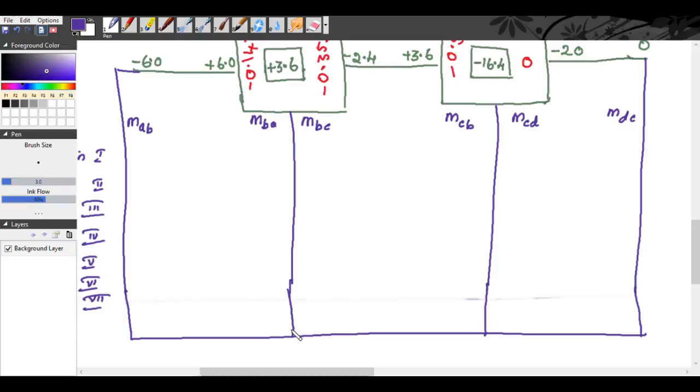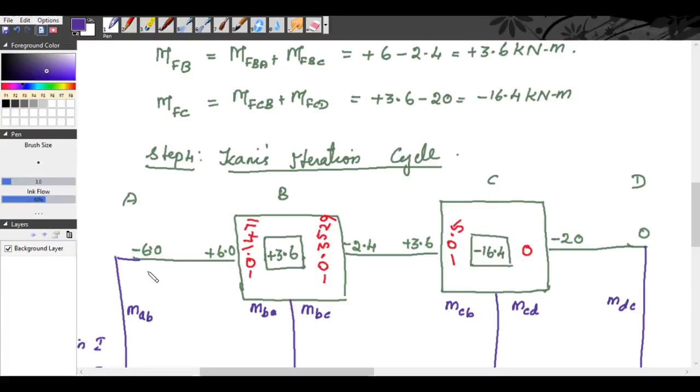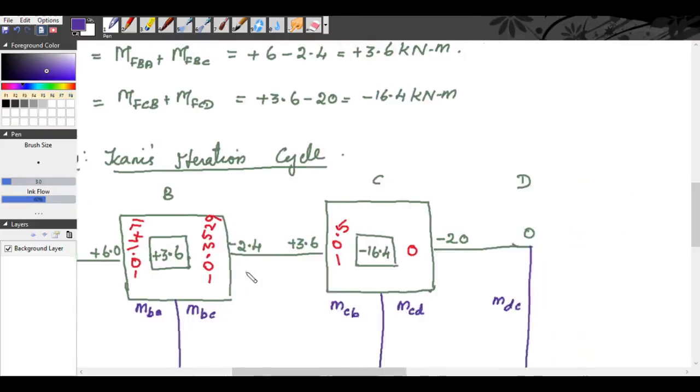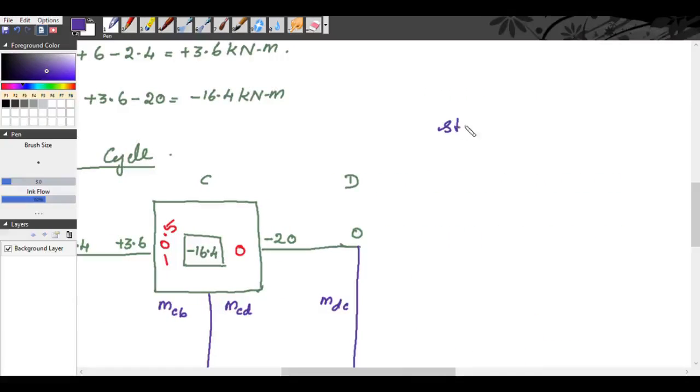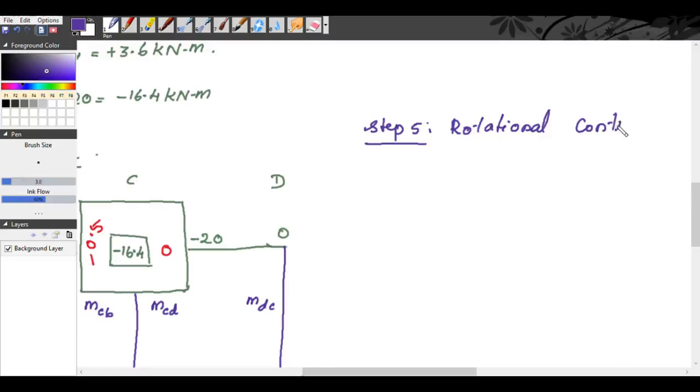Okay. So this small m means rotational contributions. We will determine these rotational contributions in our next step, and we will write the values in this cycle. So step 5, we will calculate the rotational contributions. We know the formula for rotational contributions, right?